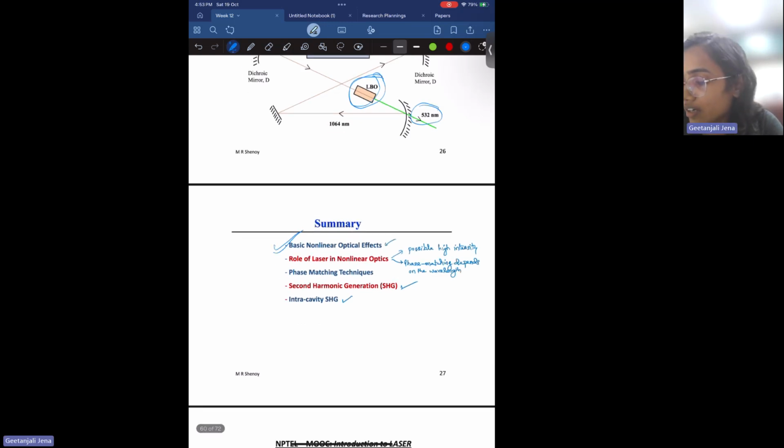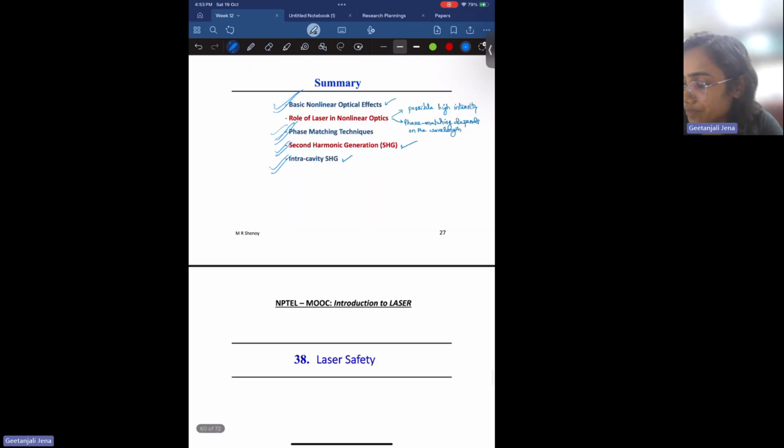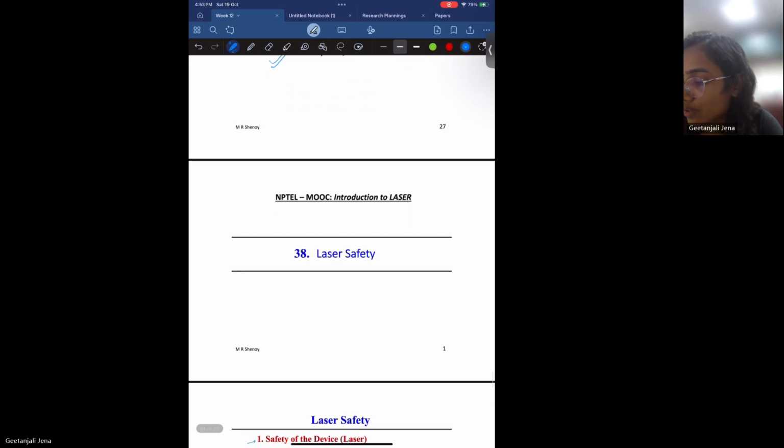And we have seen what conditions are required for achieving efficient nonlinear effect inside a nonlinear crystal when you put a laser beam. The phase matching condition is required, and good overlap between the interacting waves is also required. And we have seen second harmonic generation, and we can use intracavity SHG to get a second harmonic generation response.